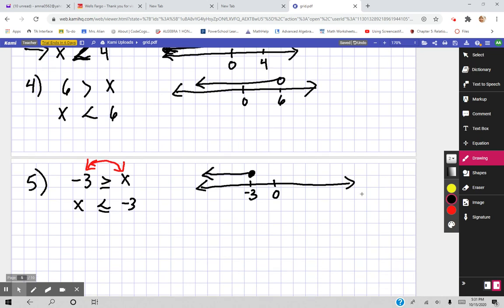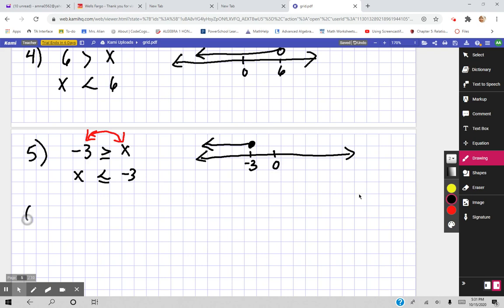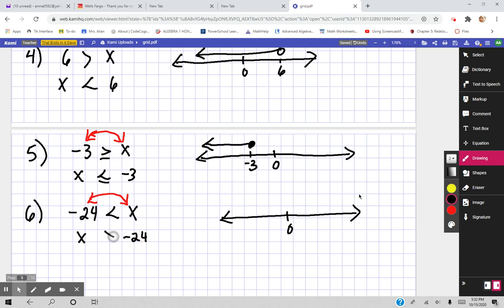We'll do one more. Okay, so flip them. X, okay, negative 24 here, but you got to flip the inequality sign since you flip those numbers around.